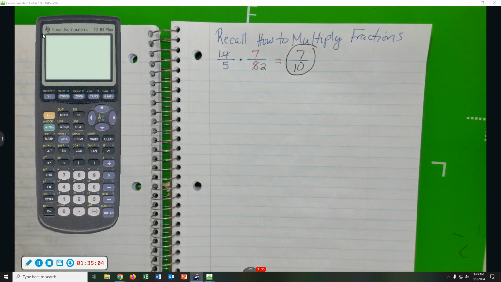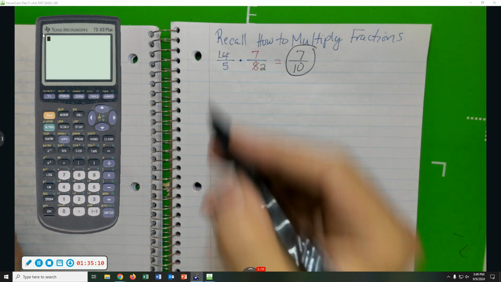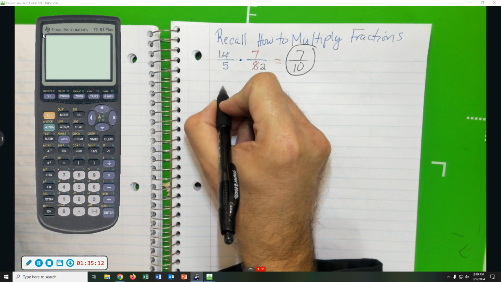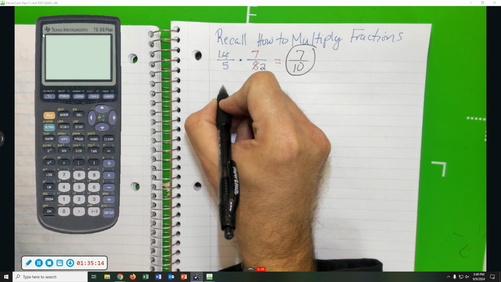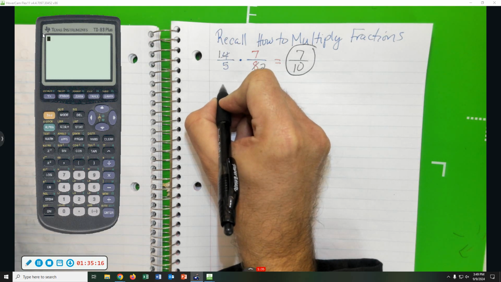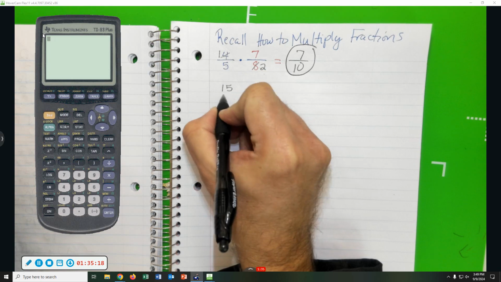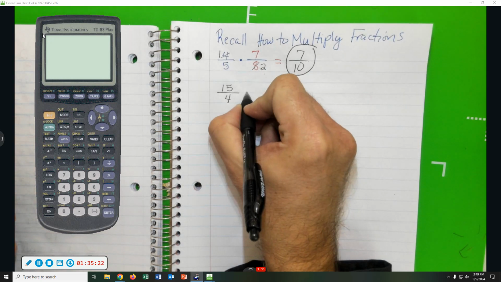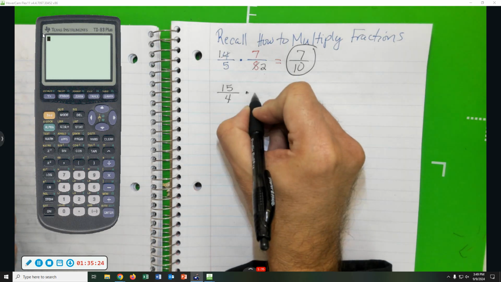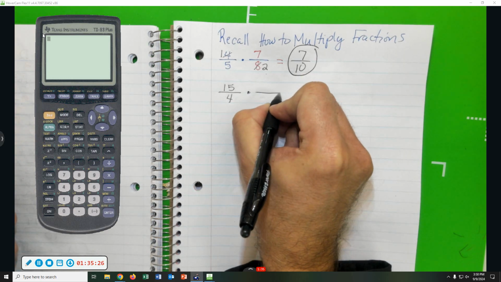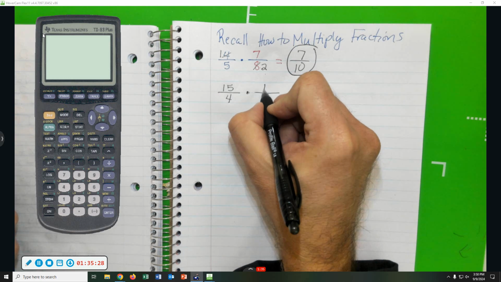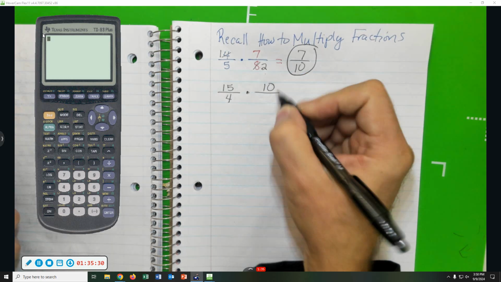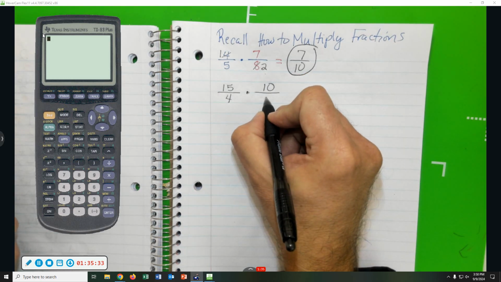Y'all recall, when you're multiplying fractions, that's when you can do the cross canceling like that. Suppose we had the fraction 15 over 4 times 10 over 3.